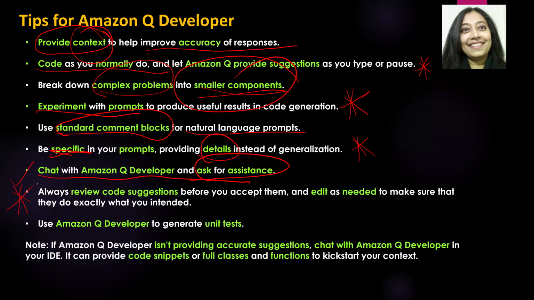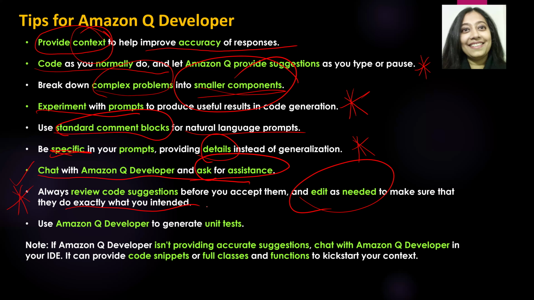You review the code suggestion, you review the code that is written, and you make the necessary edits and ensure that the code actually does what you intend the code to do. Just don't blindly add the code and then come back and say, oh, there are so many errors now. No. Q is just helping you.